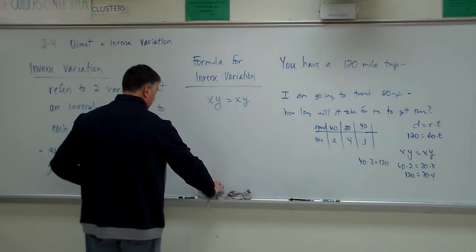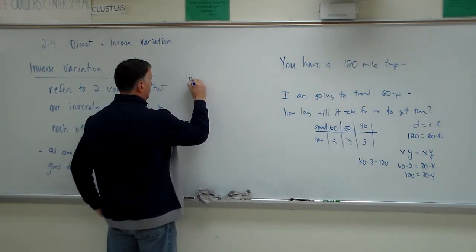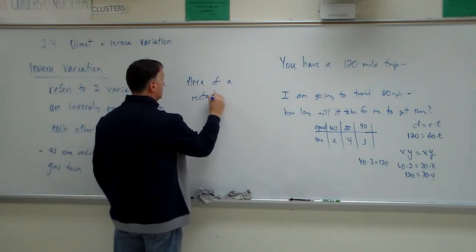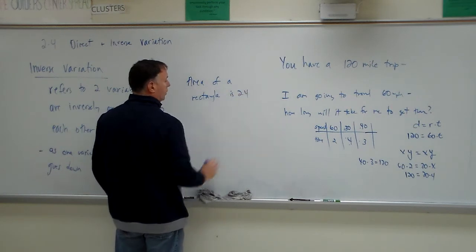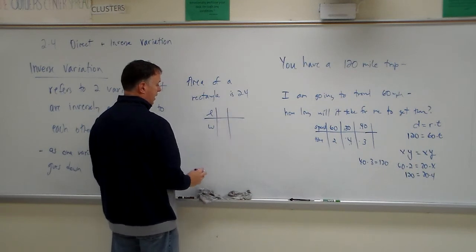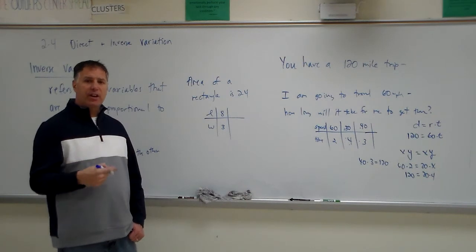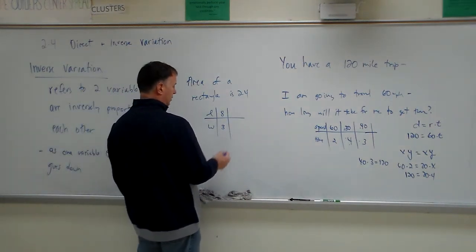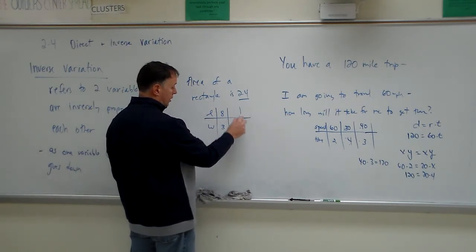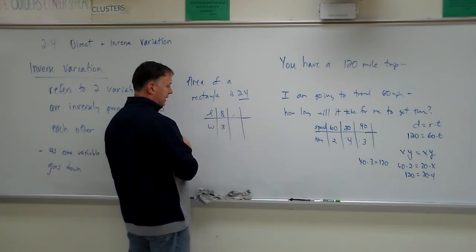I'm going to give you a quick example. The area of a rectangle is 24. So we're going to do length and width. I'm going to say the length is 8 and the width is 3. I want you to come up with another rectangle where the area would be 24. What if I went up in my length?